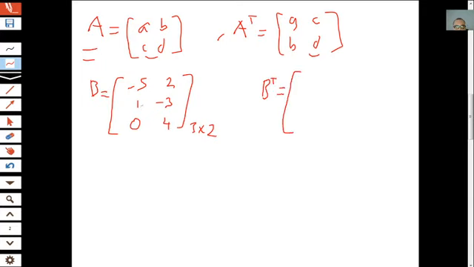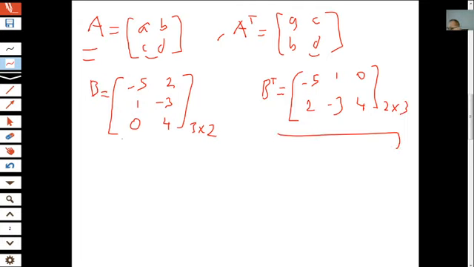So what is the first row? Minus 5, 2. So it becomes the first column. Minus 5, 2, 1, minus 3, 0, 4. A 2 by 3 matrix. Okay.